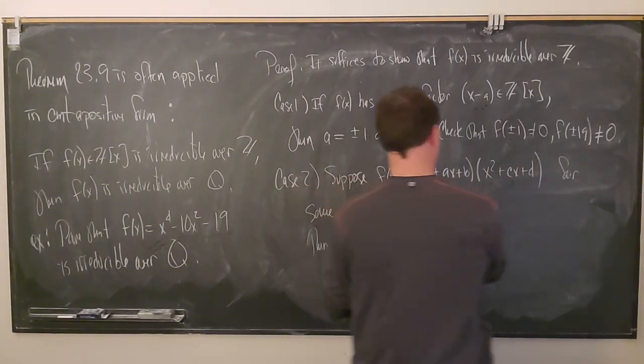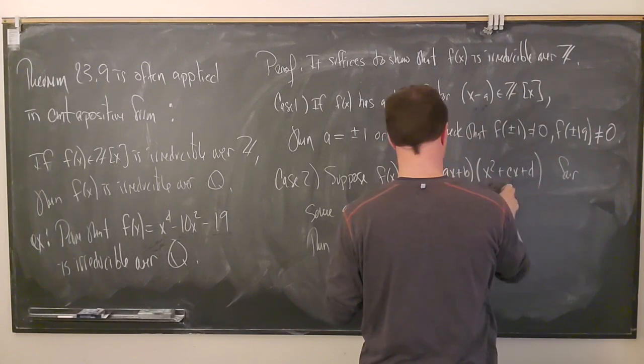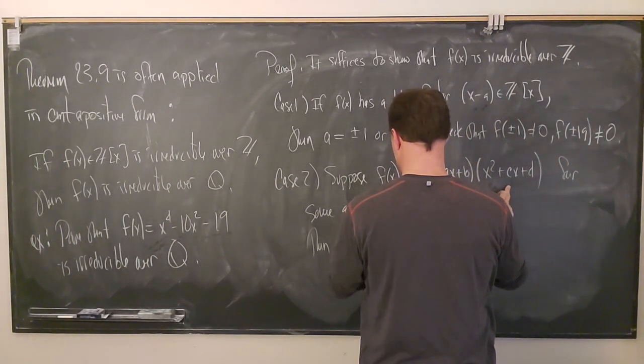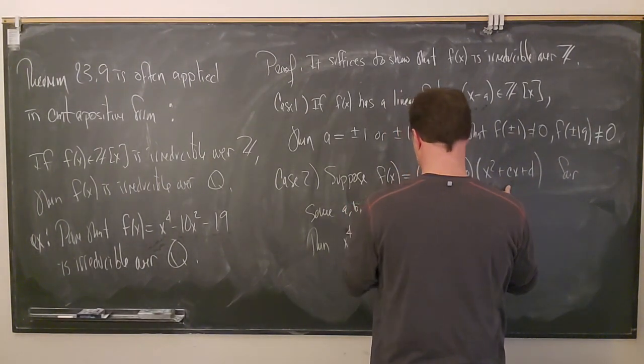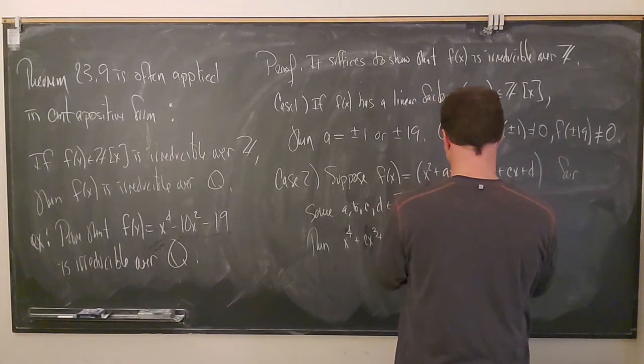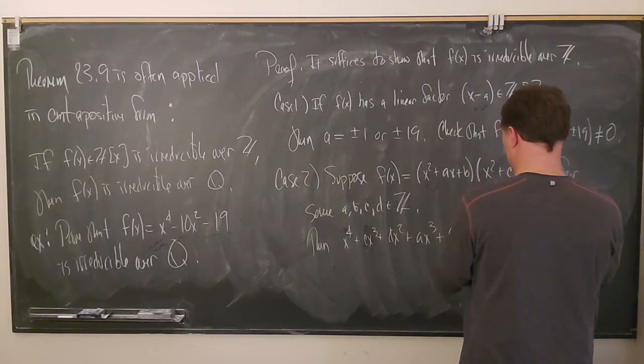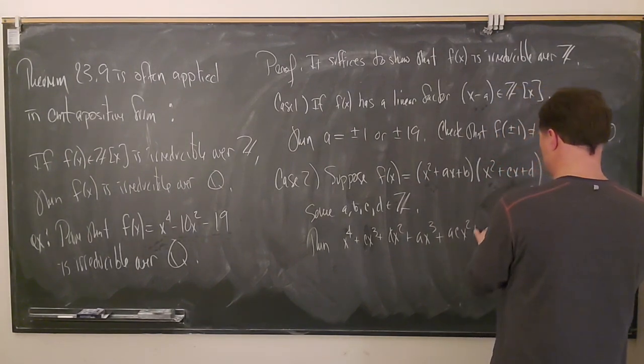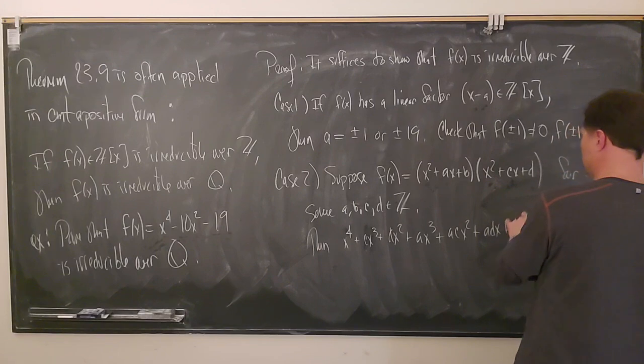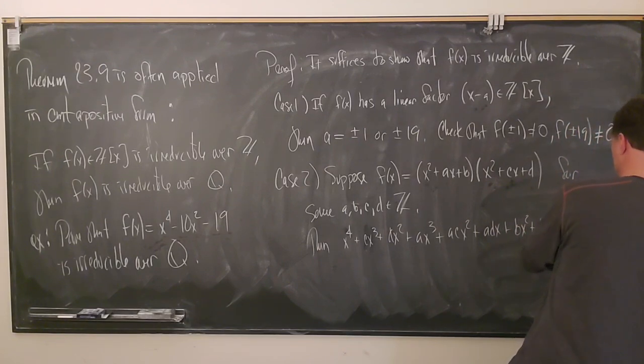I get x to the 4th plus cx cubed plus dx squared plus ax cubed plus acx squared plus adx plus bx squared plus bcx plus bd.